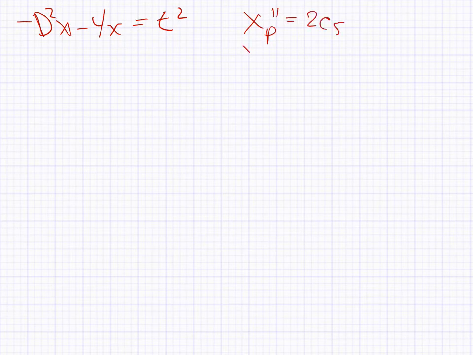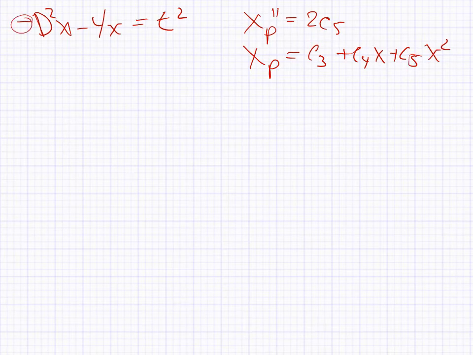So we have minus d squared x minus 4x equals t squared. So negative, and remember we have x sub p double prime equals 2c5, and x sub p itself is c3 plus c4x plus c5x squared. So we have to take negative times the second derivative.